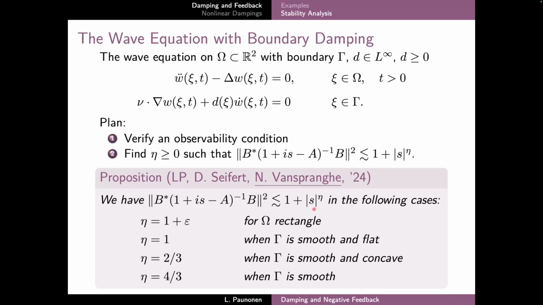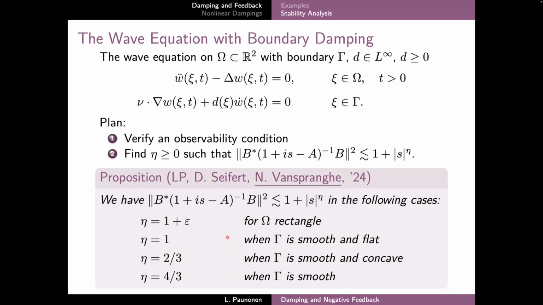He showed especially that the value of eta depends heavily on the shape and geometry of the spatial domain of the wave equation, as well as on the properties of its boundary. He showed, for instance, that if the spatial domain is a rectangle, then we can take eta to be anything greater than 1.